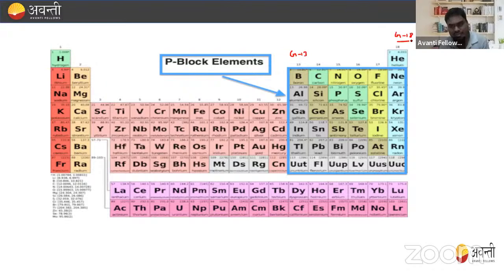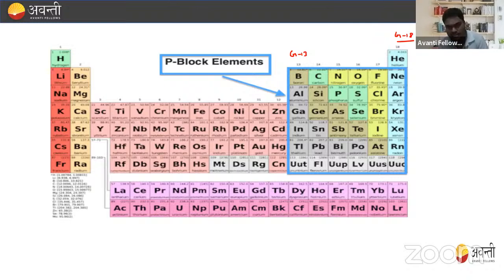So we have six groups which lie in the P block. These six groups are known as P block elements. The first is the boron family, the second is the carbon family, the third, that is group 15, is the nitrogen family, then the oxygen family, the fluorine family, and the neon family. These six groups we are going to discuss in detail.